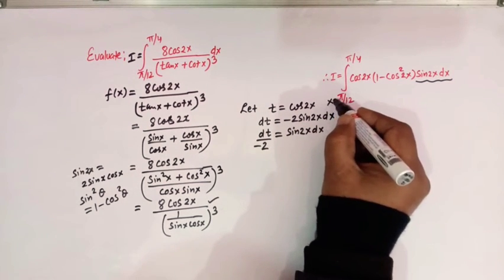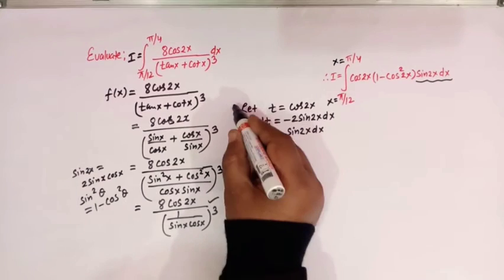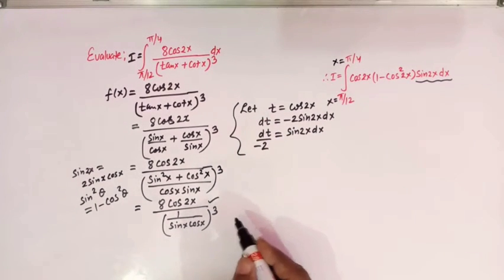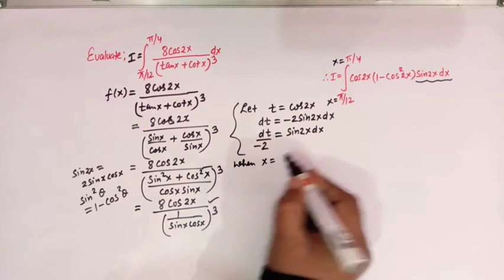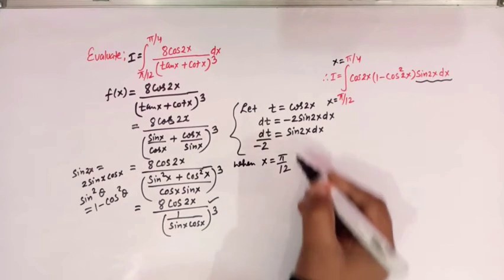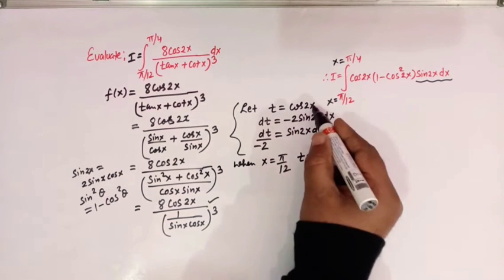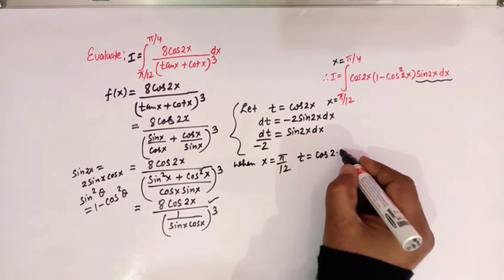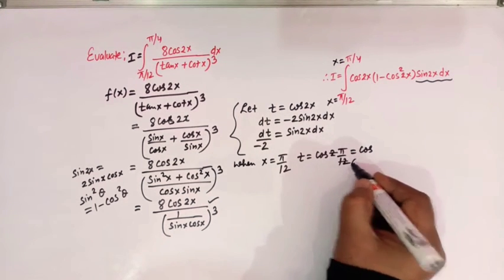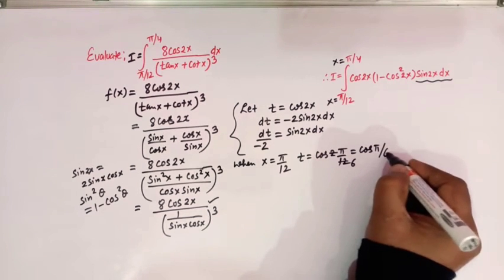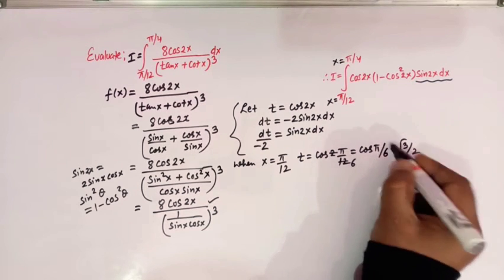Now here x varies from pi by 12 to pi by 4, so let us change the limits accordingly. When x is pi over 12, then the value of t is cos 2x, that is cos of 2 times pi over 12, so we have cos pi over 6, which is root 3 over 2, because this is cos 30 degrees.